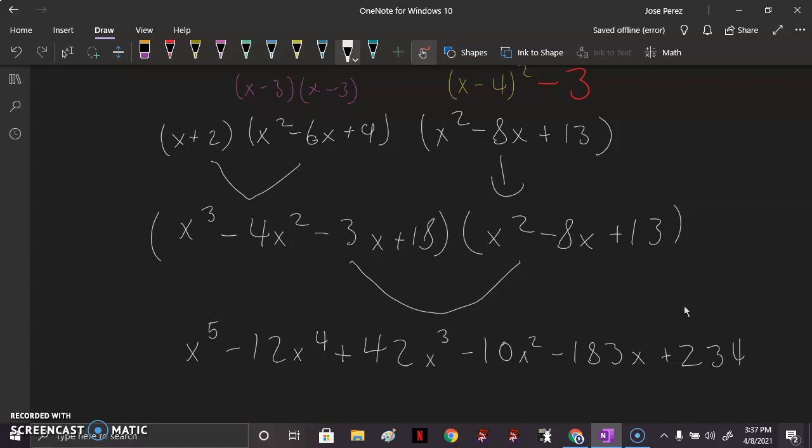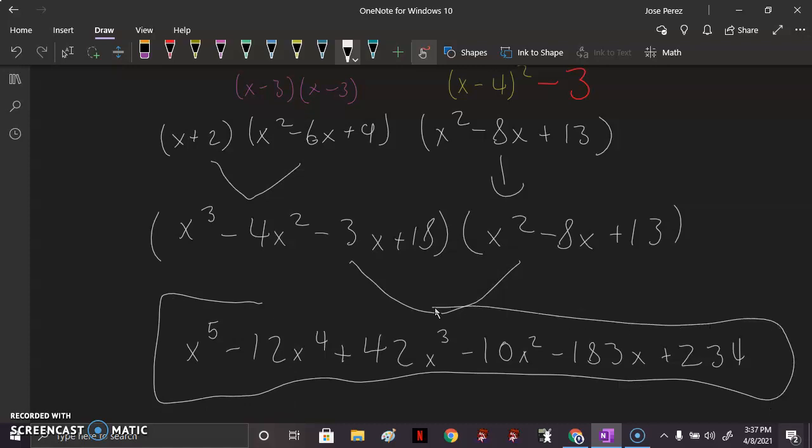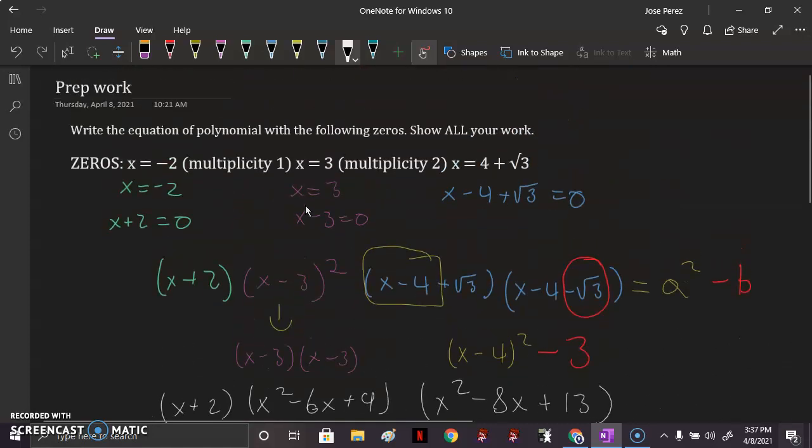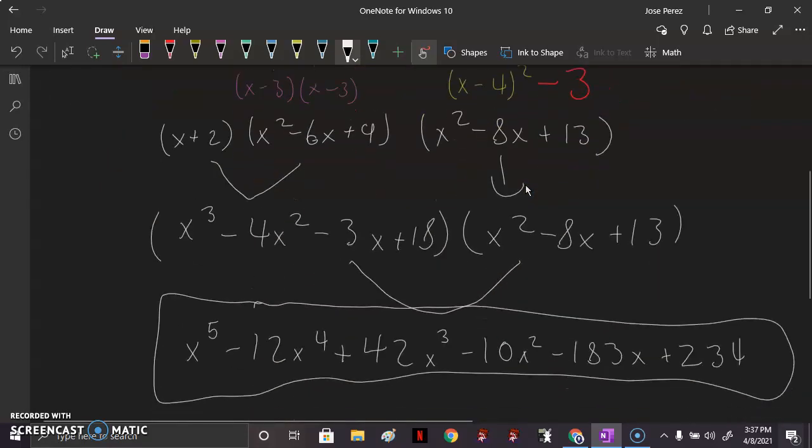And we're done. That's what it is. This is the new polynomial that we formed from these multiplicity zeros.